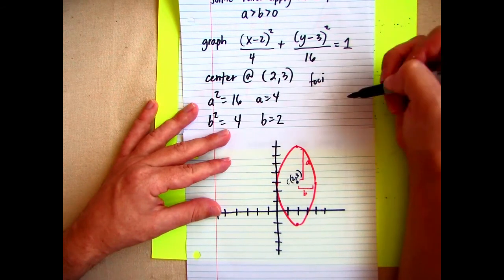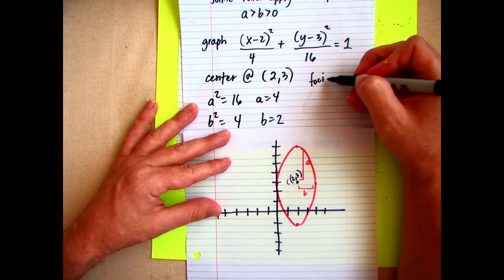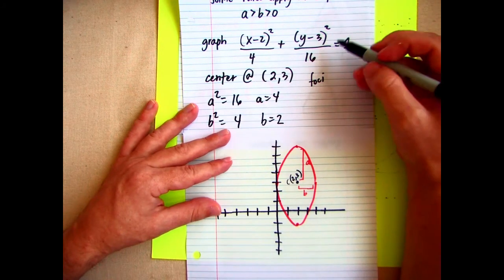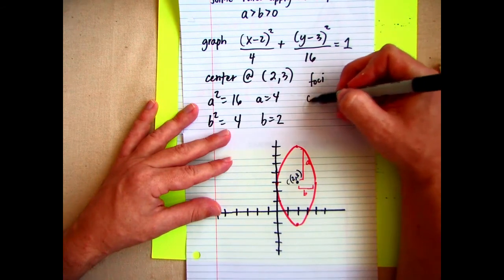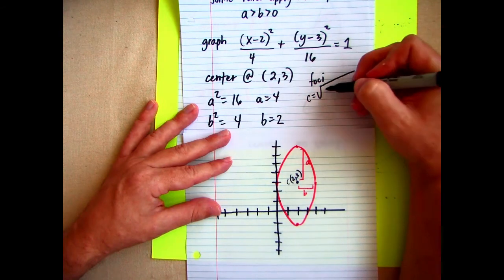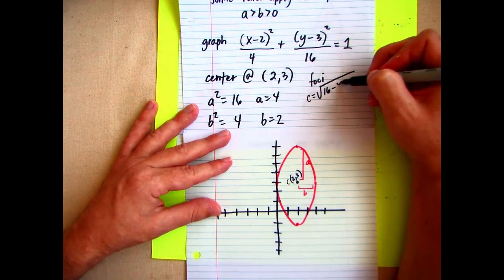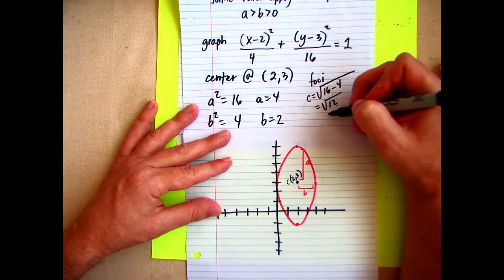And there still are foci for this ellipse. So let's try to figure out where those foci are. To get that, we're still going to need C. So remember how to get C from before. C is the square root of a squared minus b squared.